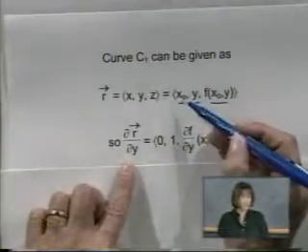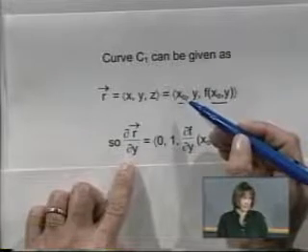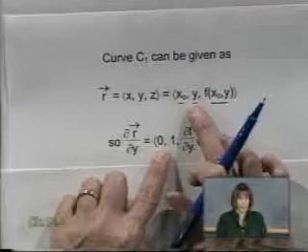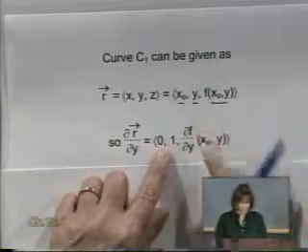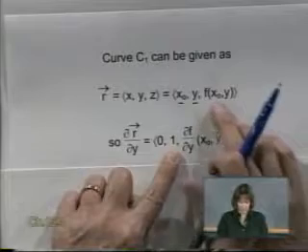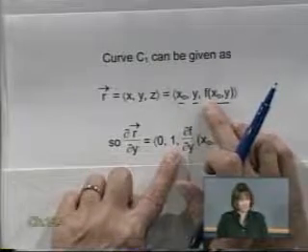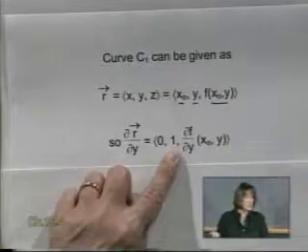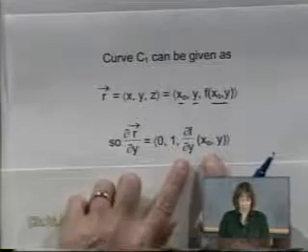Well, if x naught is a constant, you differentiate any constant with respect to anything, you always get 0. If I differentiate y with respect to y, I get 1. And if I differentiate the function f with x naught fixed and y being able to vary, that's just what we did in our last lecture. It's the partial derivative, isn't it?